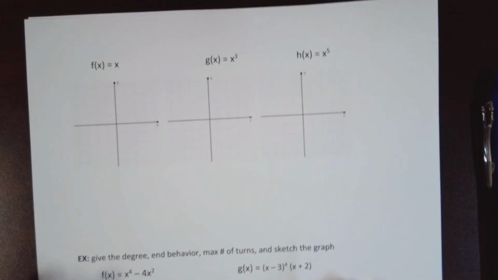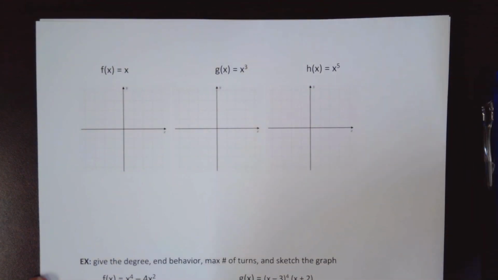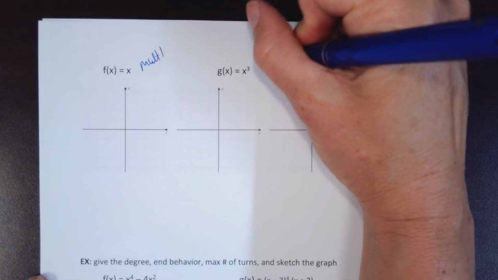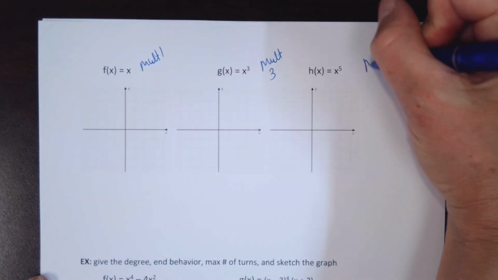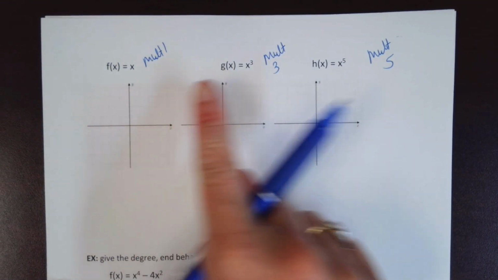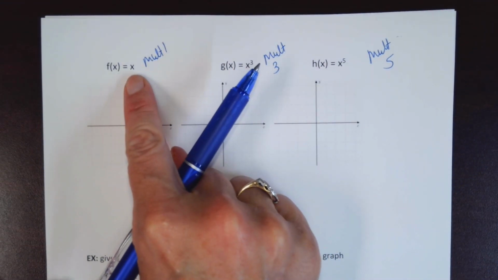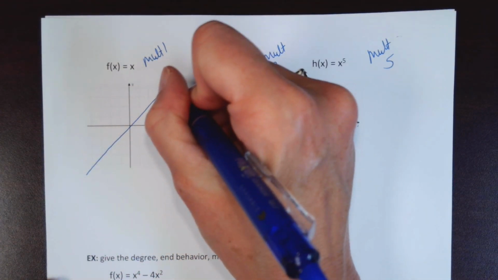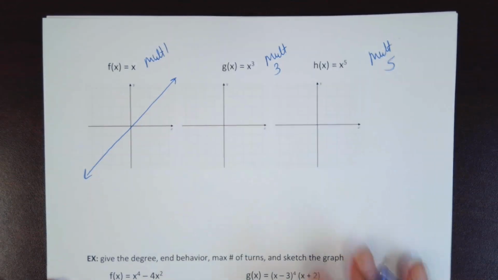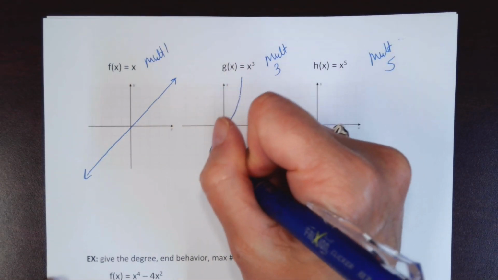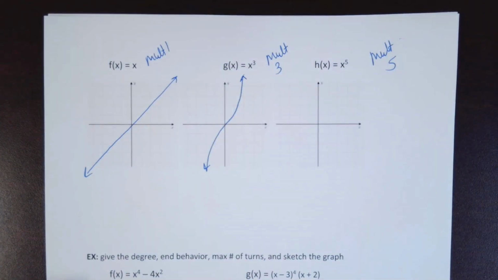All right, what about odd multiplicities? Well, we've got multiplicity 1 here, multiplicity 3, and multiplicity 5. Odd exponents. f of x equals x, that's just our parent linear function, zoom. It just shoots across. This is our cubic function, and it looks like this.